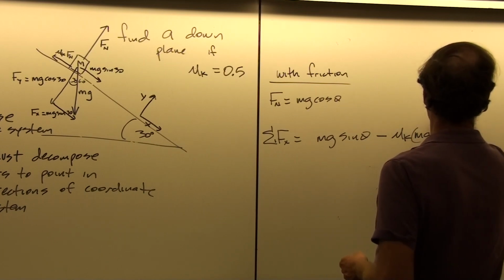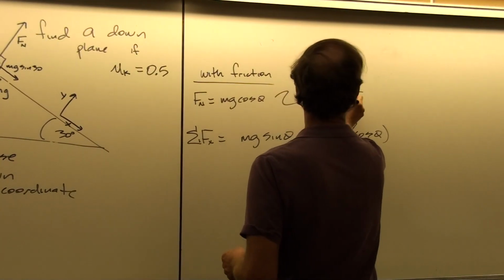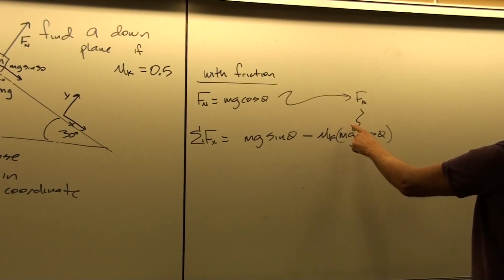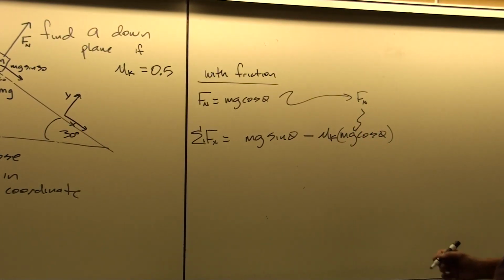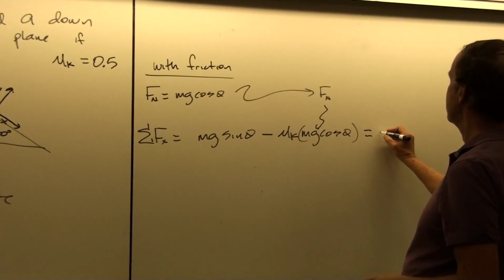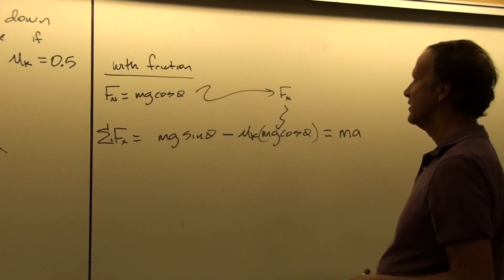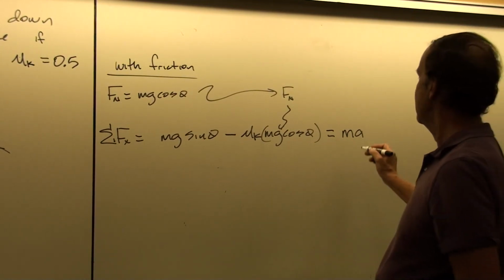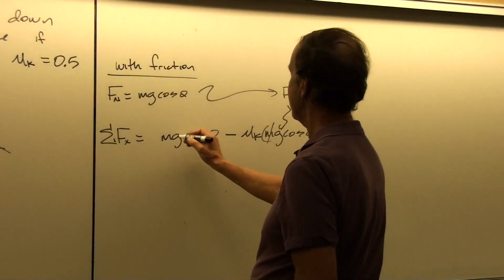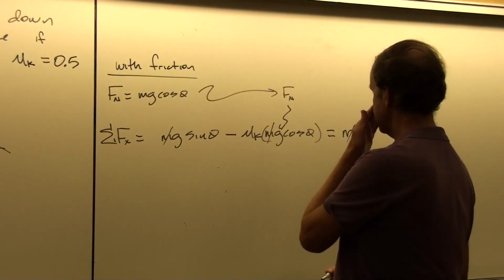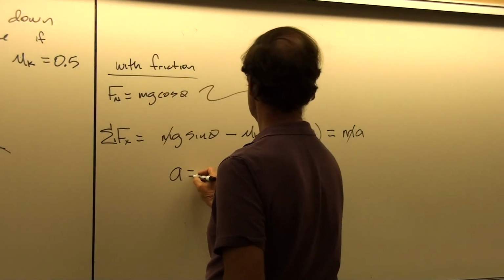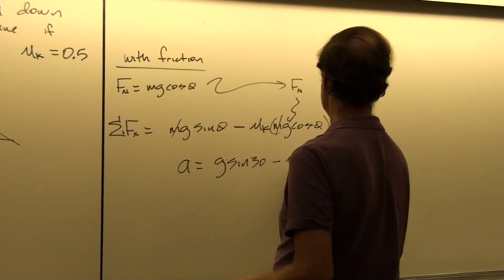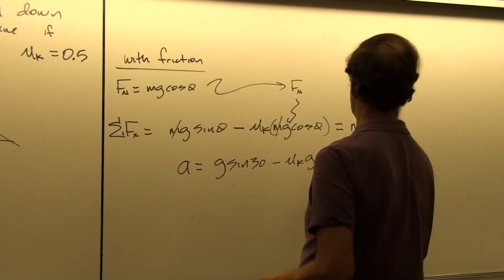Remember that this is the normal force expression that we got from the sum of the y forces. And then the sum of those two has to equal mass times acceleration. We can solve this for the acceleration by canceling out the masses. What that gives us is the acceleration is equal to g sine 30 in this case minus mu k g cosine 30.